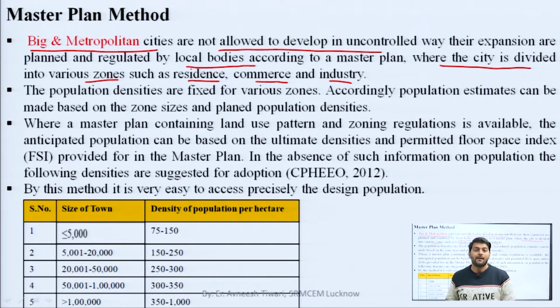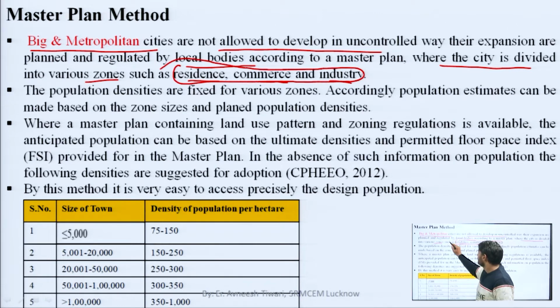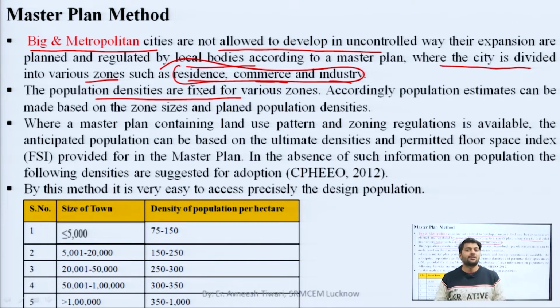Means here, in an uncontrolled way, the growth of that particular city is not possible. The growth will occur according to different divisions, and the population densities are also fixed. The population densities of our different zones are fixed.